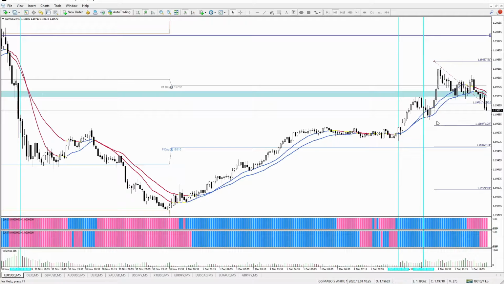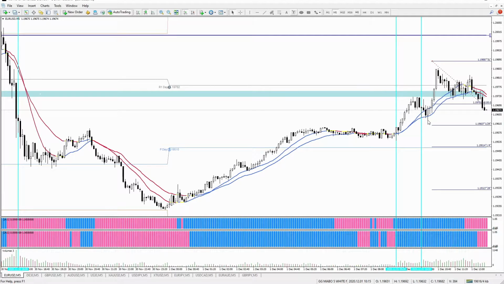The time of the day and this low here don't really seem to be in the way, so it's not a high probability trade.